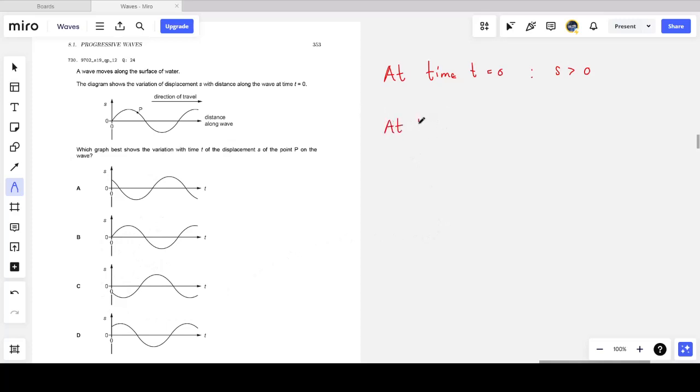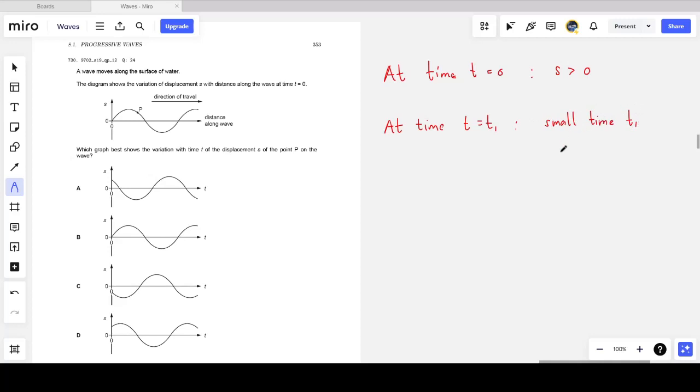And then at some later time, I don't know what to call it, so I'm going to say at time t is equal to t1. So some short moment of time after t is equal to 0. And I'm going to say small time t1, not too long after.